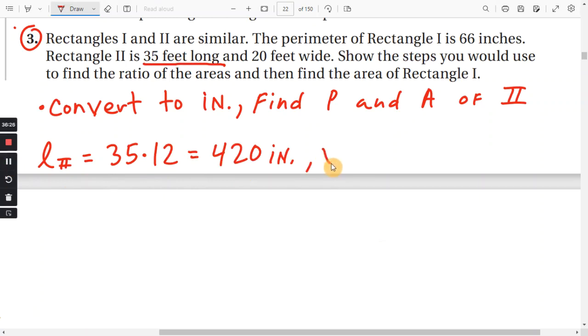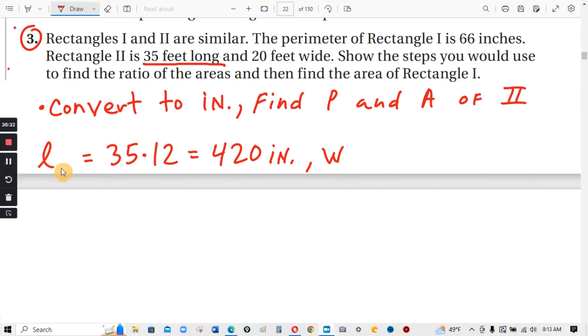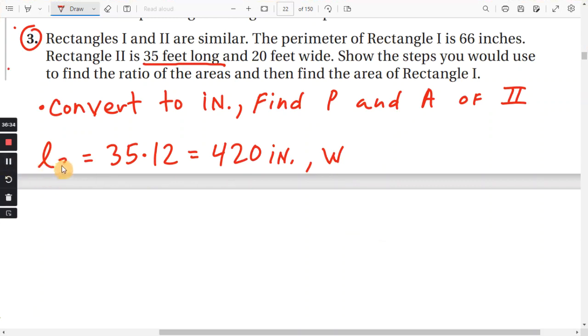And the width, instead of using Roman numeral, I should just write a little 2 there. All right, so the length of rectangle 2 and the width of rectangle 2, they said it's 20 feet wide. So 20 feet times 12 inches, that's going to be 240. And that's also going to be in inches.